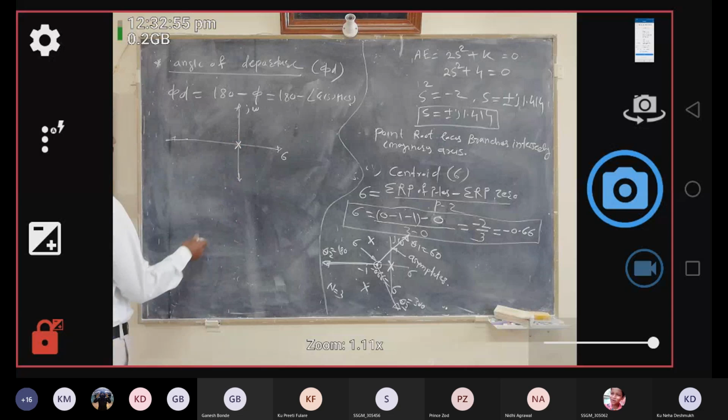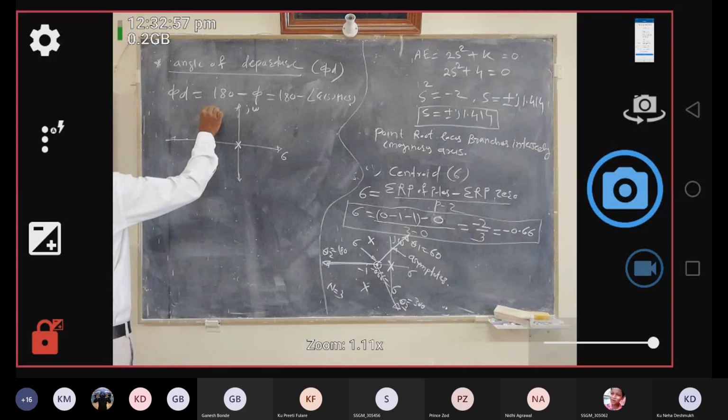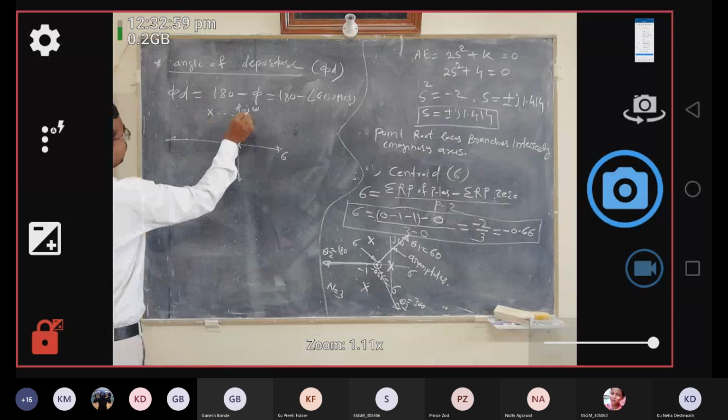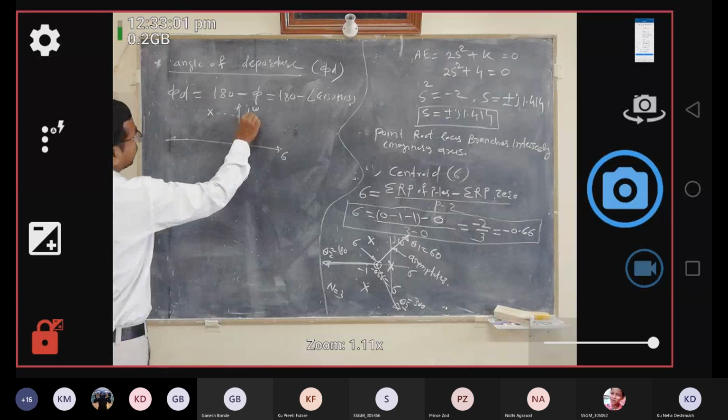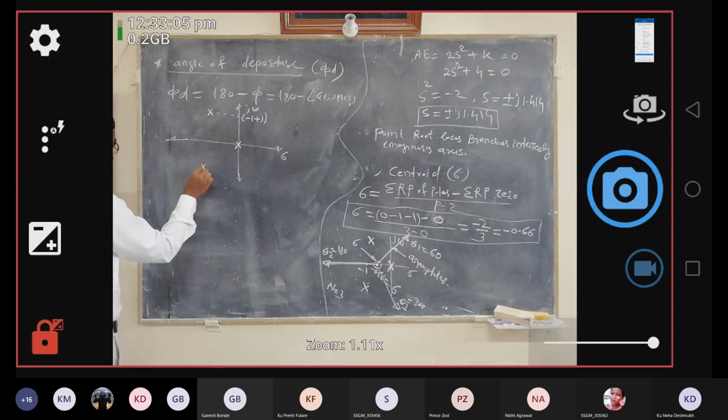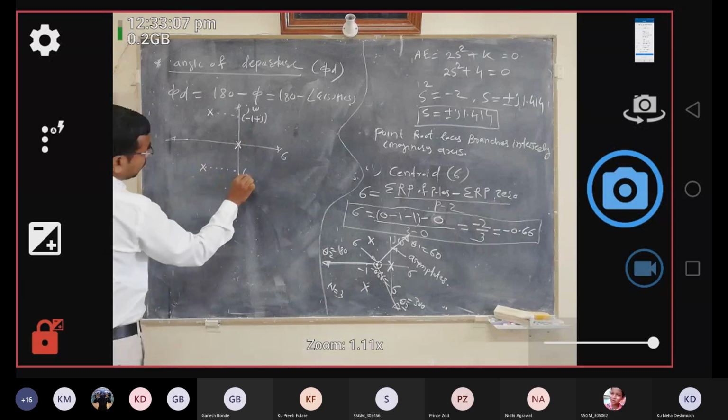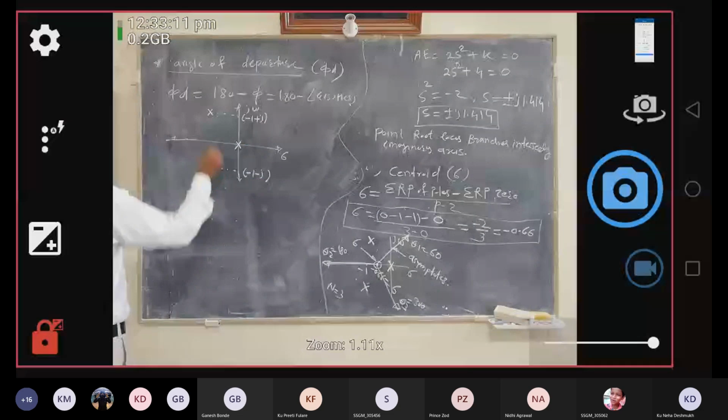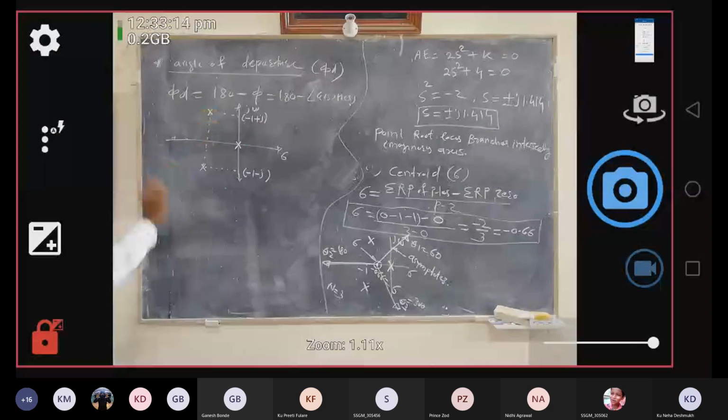So one pole at origin, one pole at -1 plus j. This is your pair of complex poles, -1 minus j, like this. Now, how to determine angle of departure or arrival?